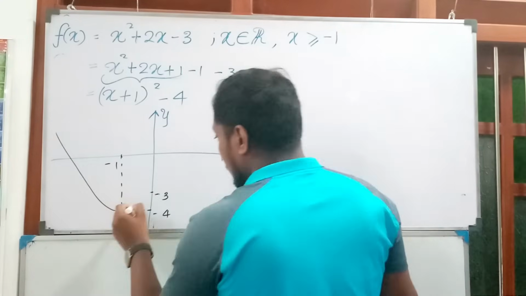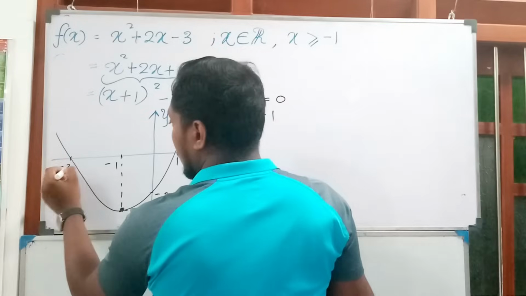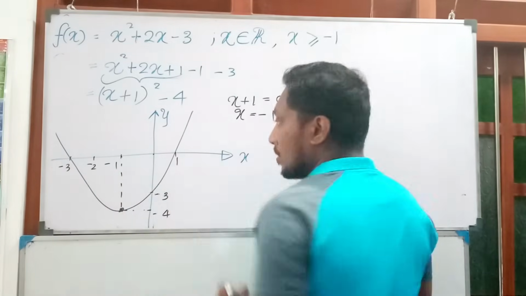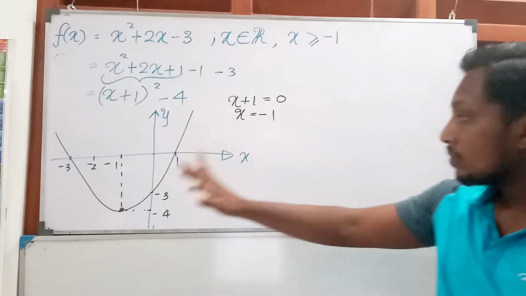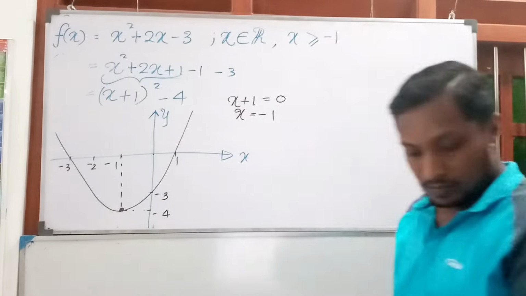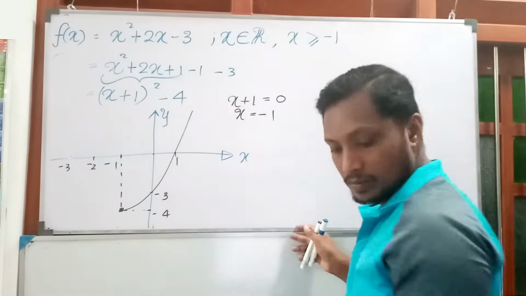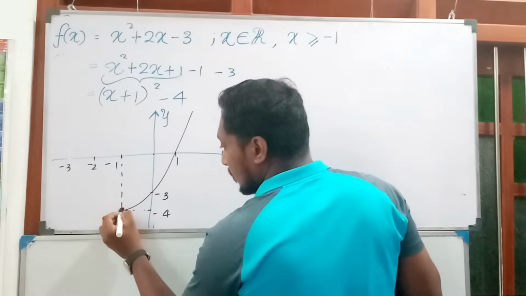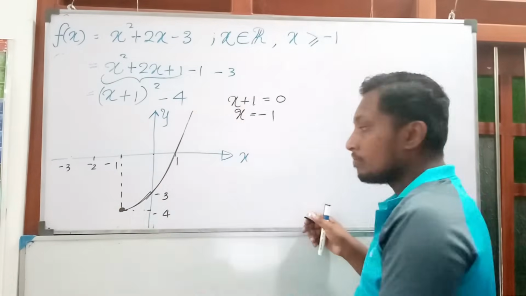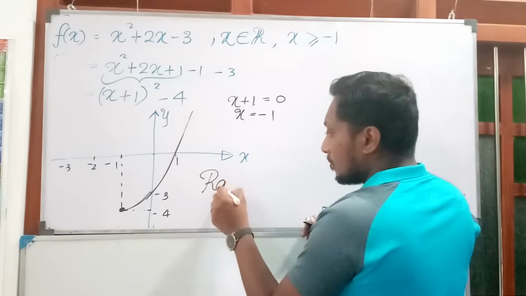Therefore we eliminate the left part and take the right part only. That function has an inverse function. So the range of the function is y greater than or equal to minus 4. Why? The smallest value that the graph can take is minus 4. Therefore the range is y greater than or equal to minus 4.